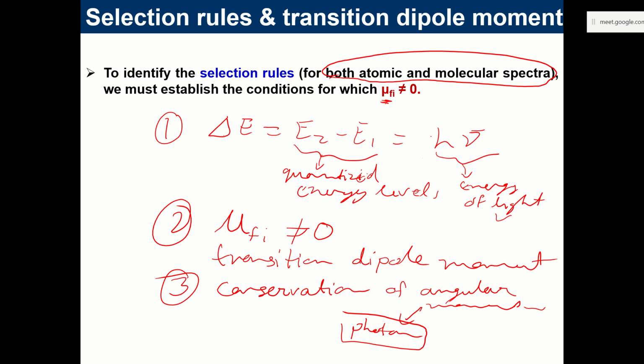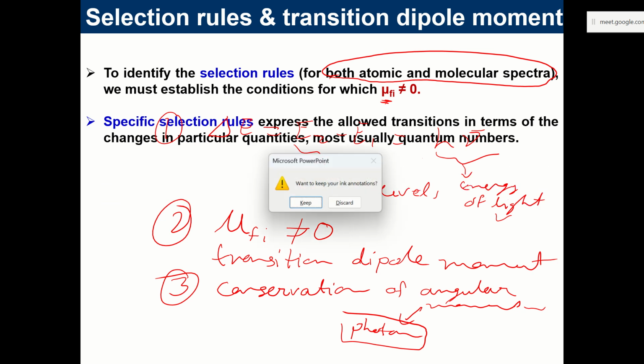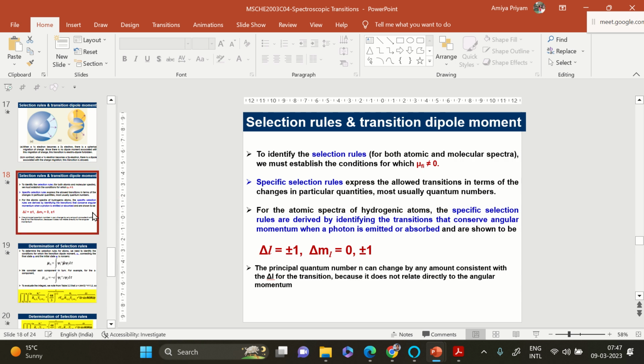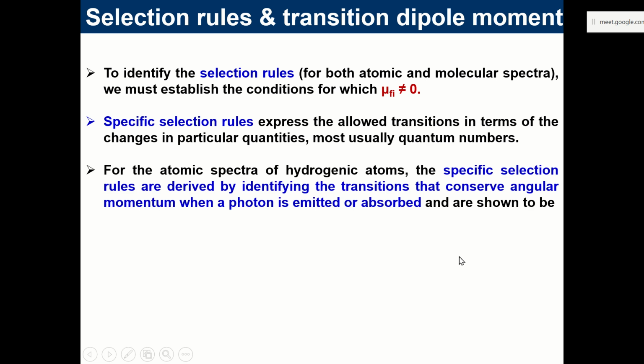Okay, and to account for that angular momentum, when you have a transition, there is one thing that मैं आपको बस बताना चाह रहा था कि ये क्यों इम्पोर्टेंट, ज़्यादा मैथमेटिक्स में नहीं जाऊंगा. So when we try to conserve the angular momentum, then there is a third point that comes in, which we also call the specific selection rule.